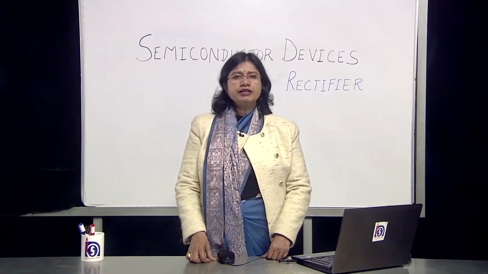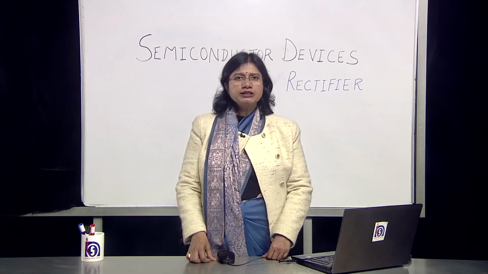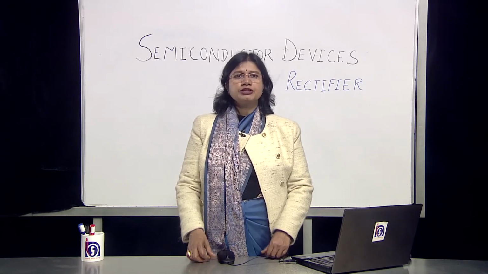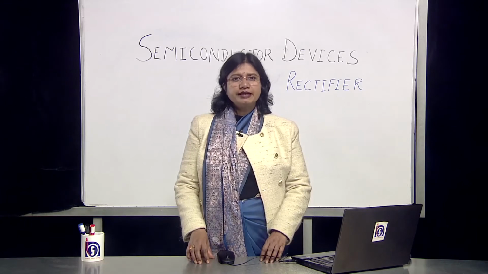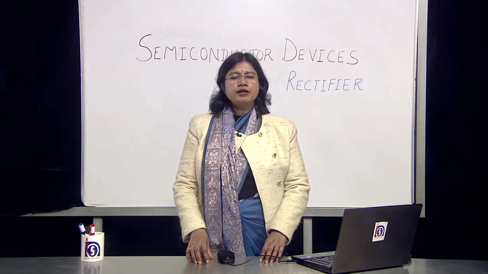Thus, to begin with, there are two kinds of rectification possible with the PN junction diode: half-wave rectification and full-wave rectification. Let's understand the working of each one of them one by one.